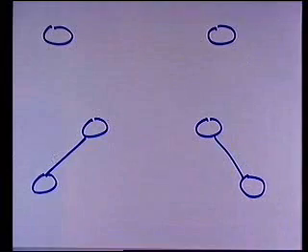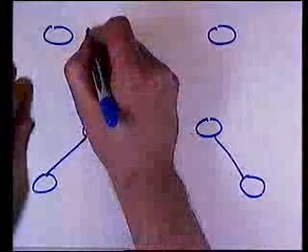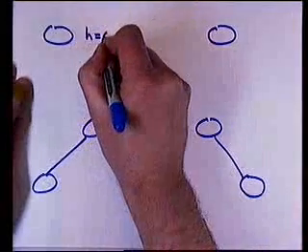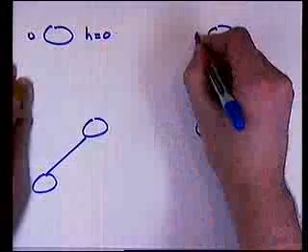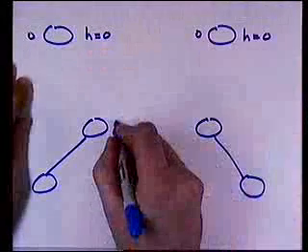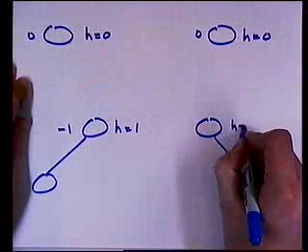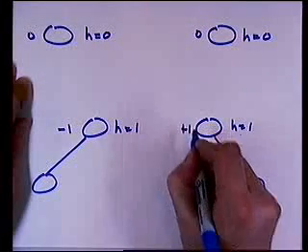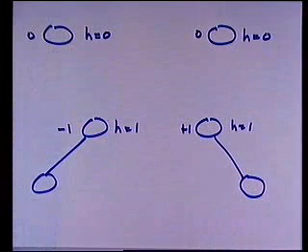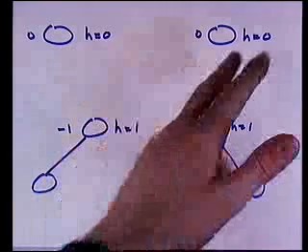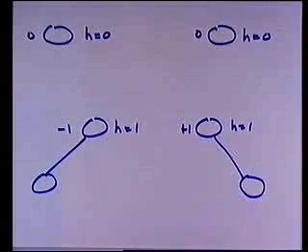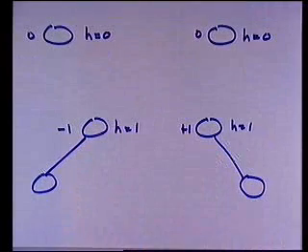You can look at each of these and notice that here we've got height 0 and a balance 0, and of course this is the same tree. Here we have a height 1 on this node with a balance of -1, and a height 1 on this node with a balance of +1. So we're concerned here about the root of each of these subtrees. Here the root is the only node, and here that's the root, and it's got 1 leaf.